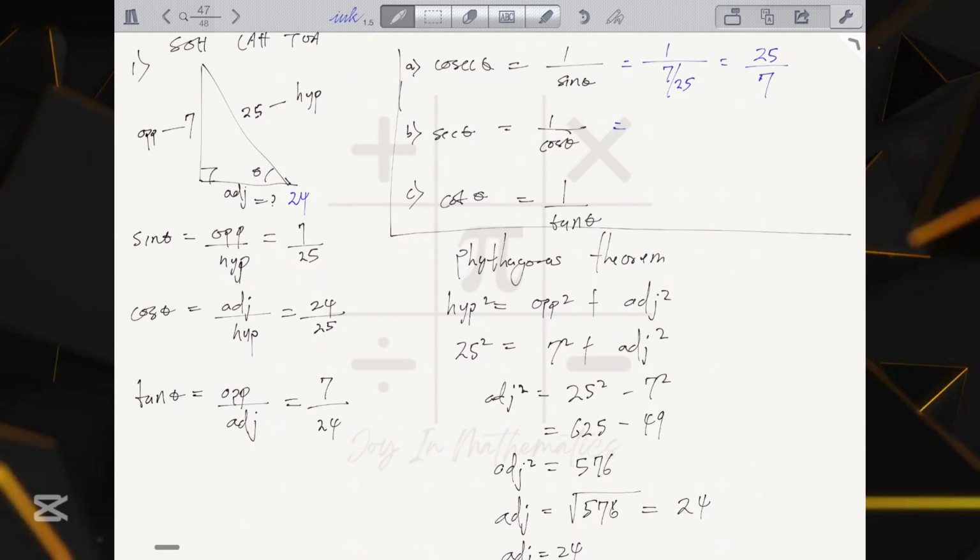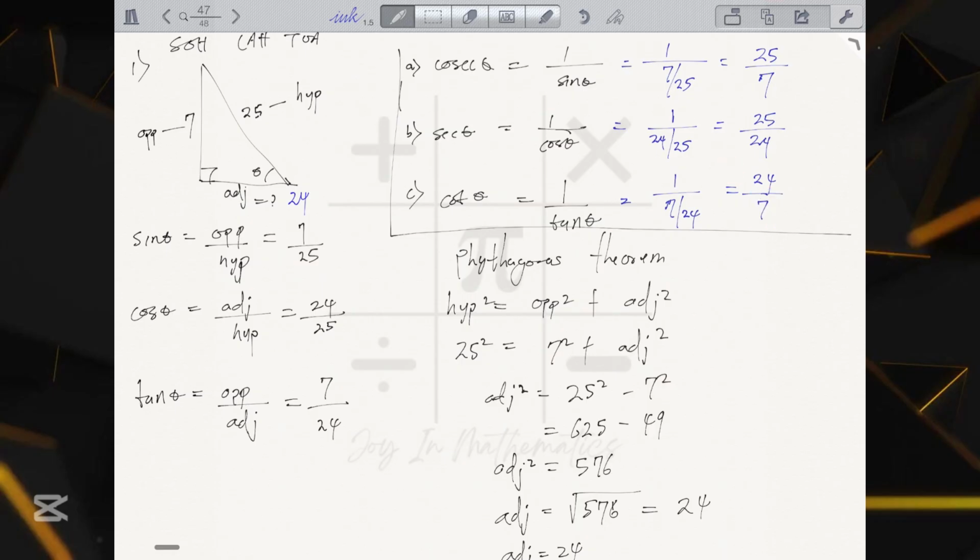Sec theta is 1 over cos theta. That's the reciprocal of 24 over 25, which is equal to 25 over 24. Cot theta is the reciprocal of tan theta, that's 1 over 7 over 24, which is equal to 24 over 7.